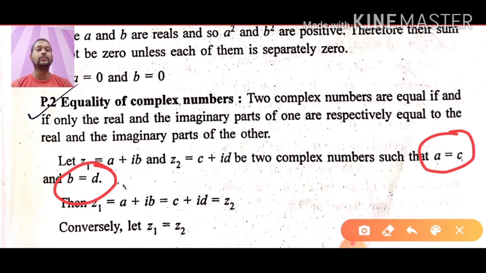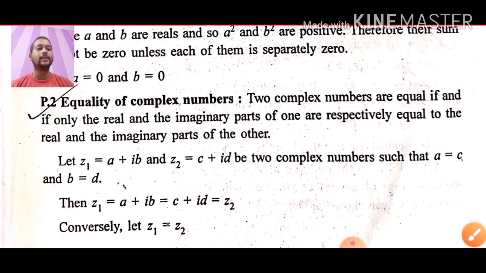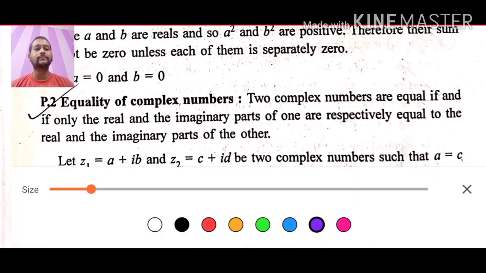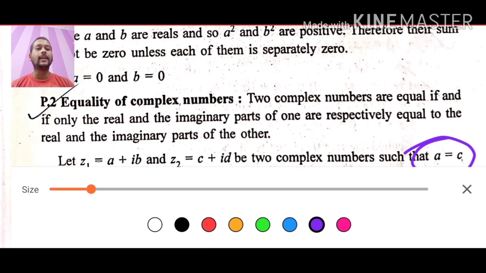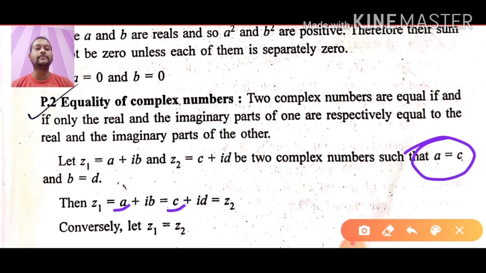So if you see, the real part of z1 is a, and of z2 is c, so a is equal to c. And the imaginary part: ib is the imaginary part, but b alone is a real number. Here ib and id are equal. That means b is equal to d.